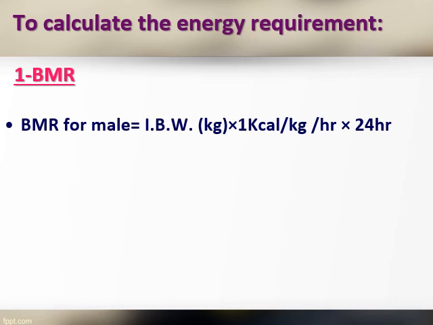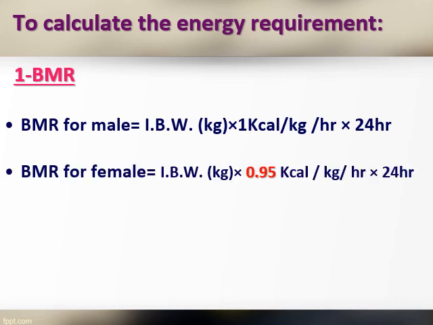So, basal metabolic rate for male equals ideal body weight in kilograms multiplied by 1 kilocalorie per kg per hour multiplied by 24 hours. While for female it equals ideal body weight in kilograms multiplied by 0.95 kilocalorie per kg per hour multiplied by 24 hours.